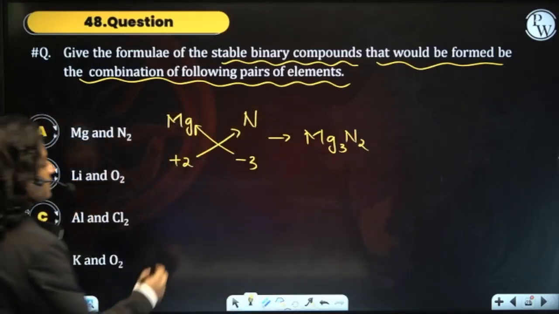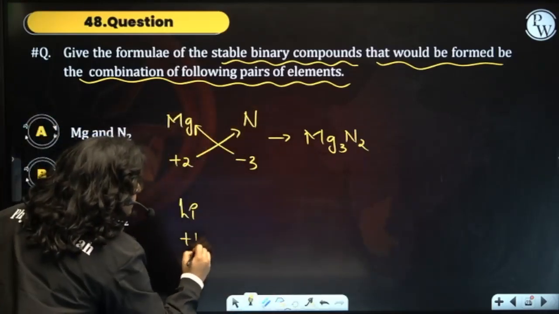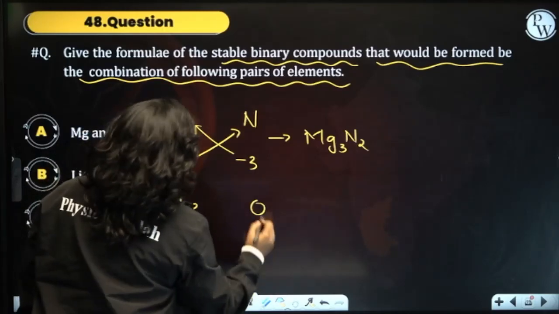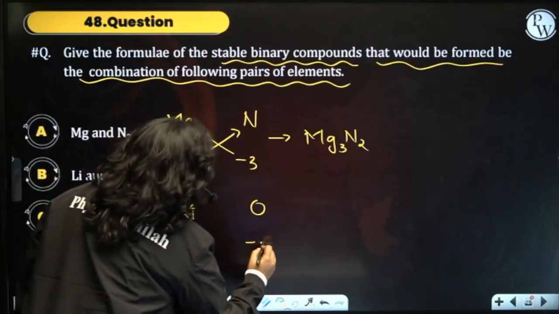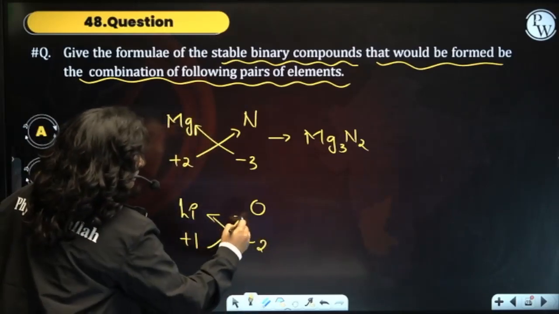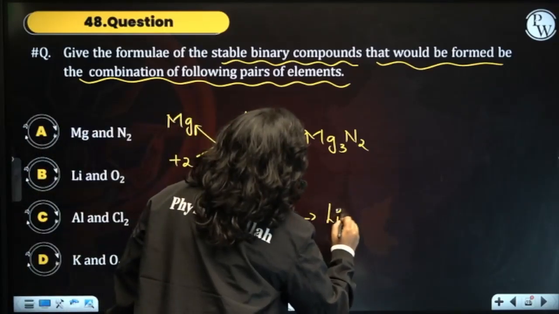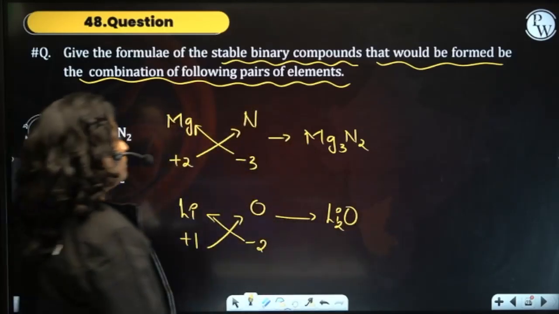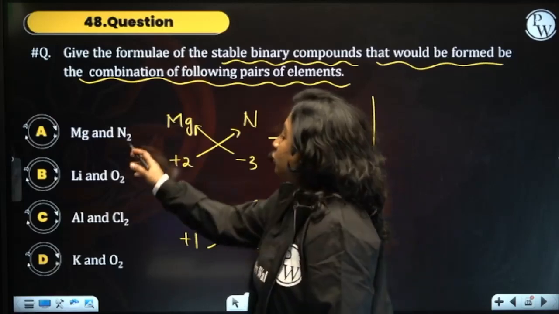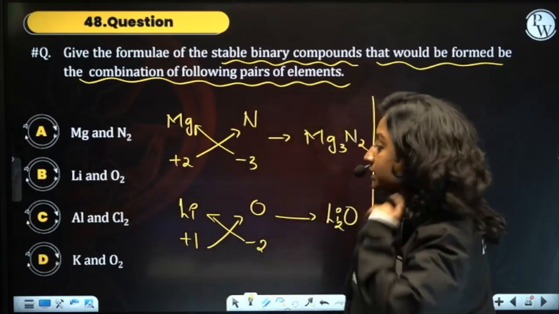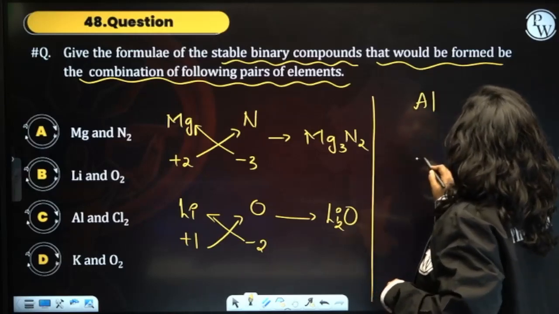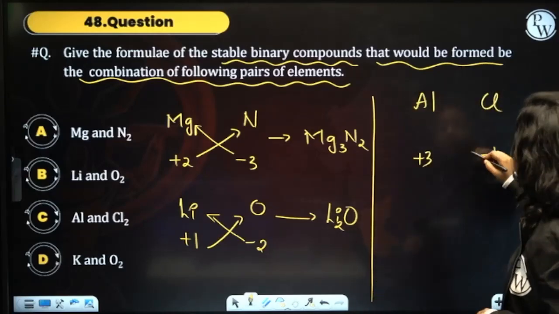Now let's focus on this. Lithium's charge is plus 1. Oxygen's charge is minus 2. So Li2O. Though they have given 2 and 2 here, consider it in single atomic state. Aluminium and chlorine: charges plus 3 and minus 1.